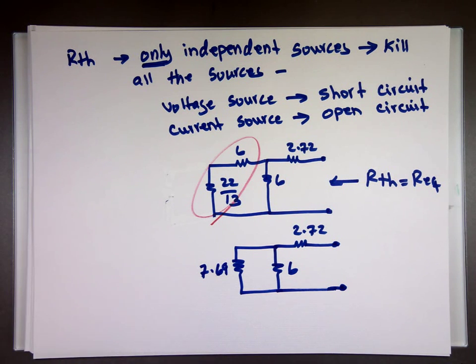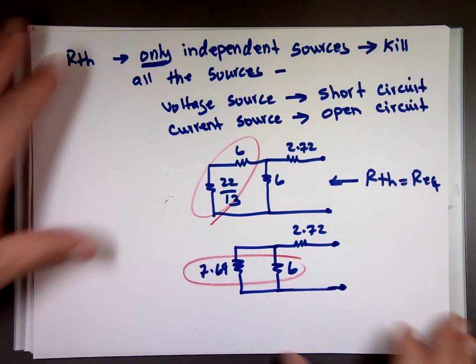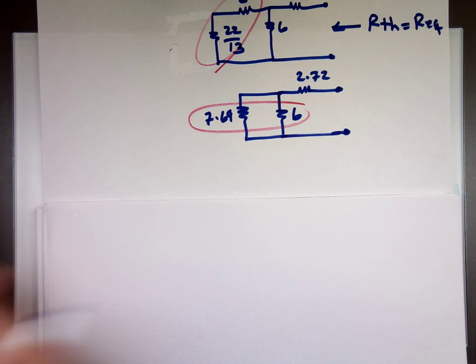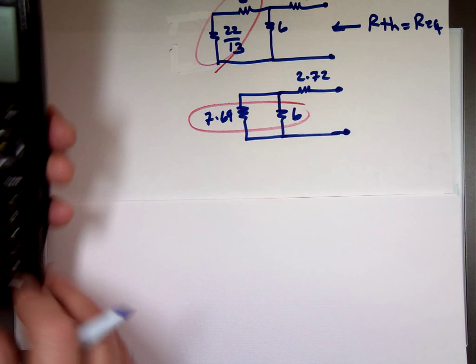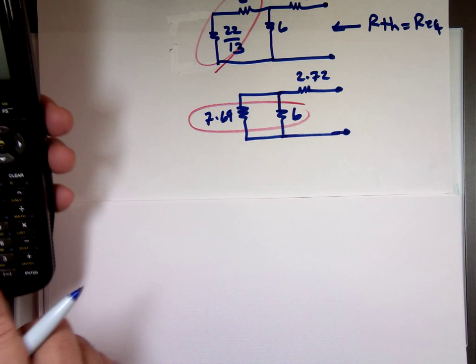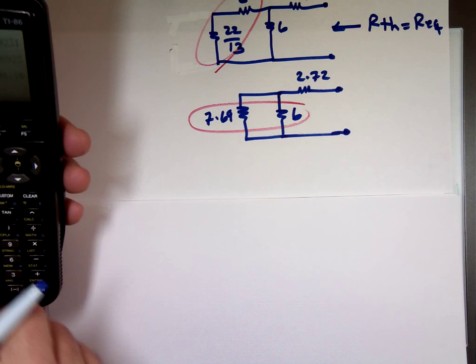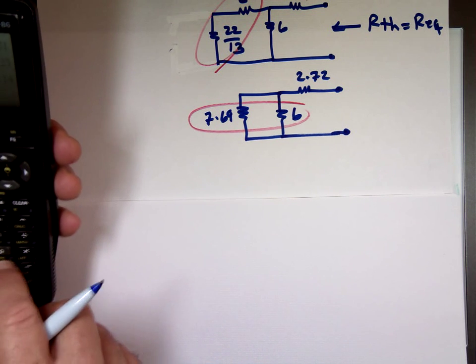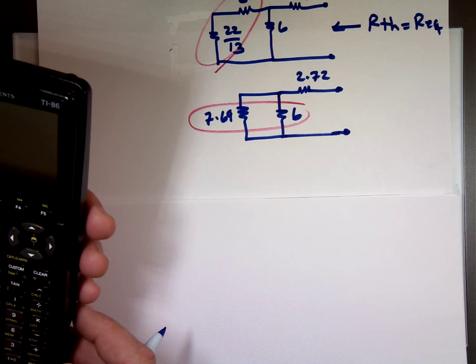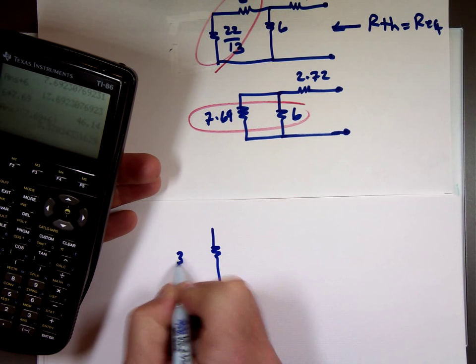Now these two, how are they connected? Parallel. The product over the sum. 6 times 7.69 divided by 7.69 plus 6 in parentheses. 3.37. Product over the sum.